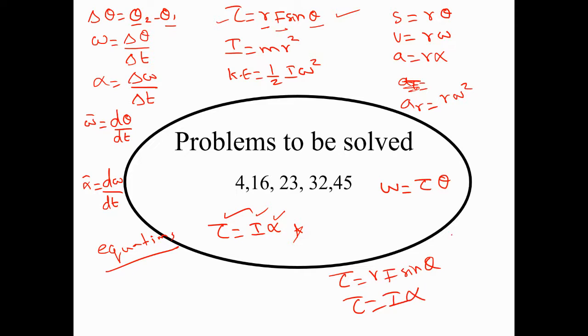Both formulas are right for explaining the torque tau. But the most important thing: if the question deals with any angle, force and radius, you have to use this formula. Clear? If the question has an angle, I use the first. Yes, because here there is no angle, right? Is there any angle here? So you have to use this formula for the angle.